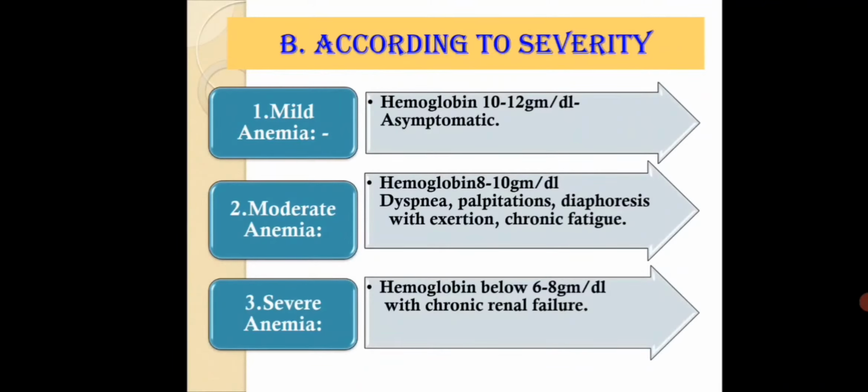Third one is severe anemia. In severe anemia, hemoglobin is below 6 to 8 gram per deciliter, and the patient may land up in chronic renal failure. So as per severity, there are three types of anemia: mild, moderate, and severe.